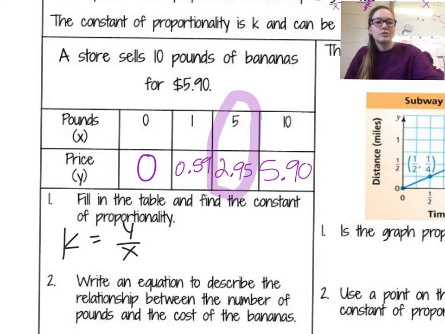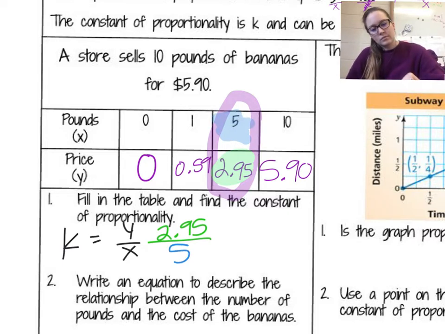So we're going to take 2.95, my y value, divided by the x value, 5, which is 0.59.